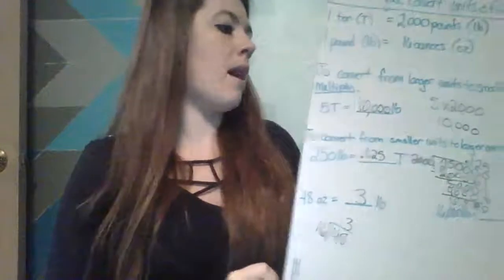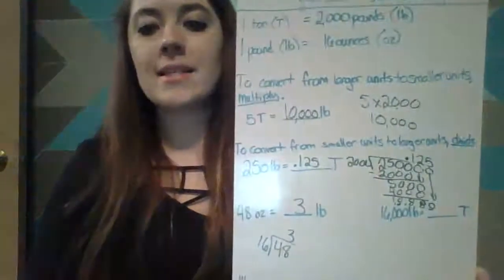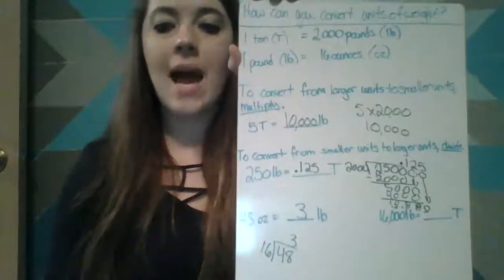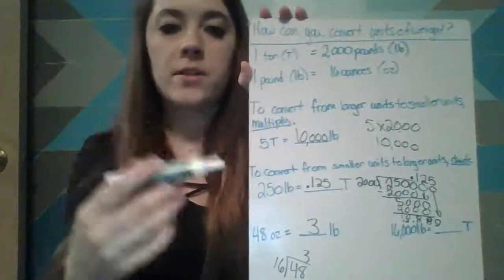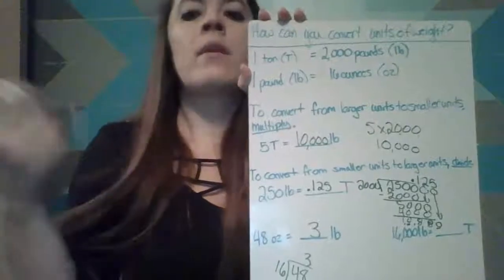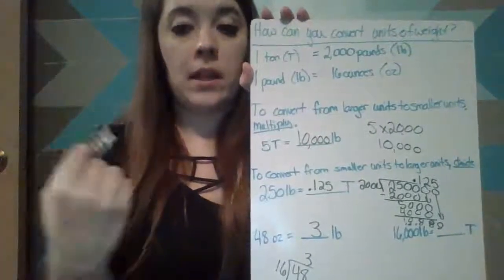All right, and our last one. We've got 16,000 pounds equals how many tons? So pounds to tons, are we going from smaller to larger or larger to smaller? Smaller to larger, excellent.